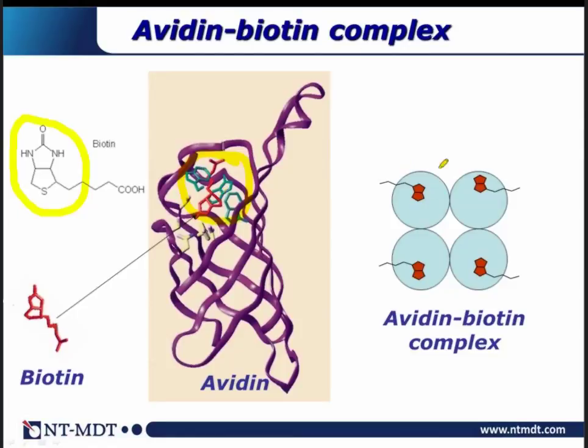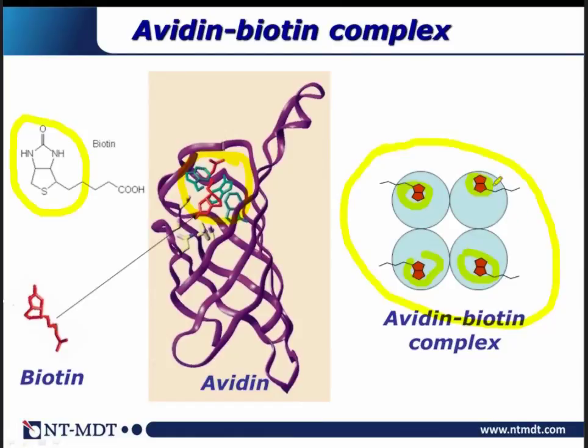The advantage of this system is not only that the binding is very tight, but that it's a tetramer. Avidin is composed of 4 identical subunits, each one containing the site for binding biotin: 1, 2, 3, 4. It's clear that using this system, you can cluster 4 strands or 4 molecules.